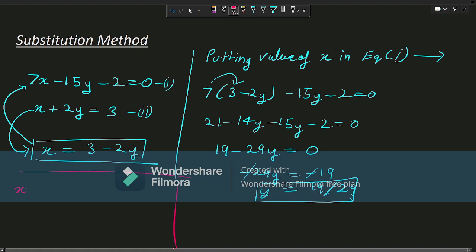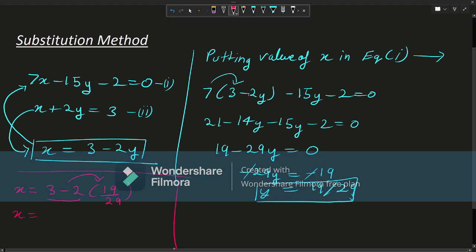So x is equal to 3 minus 2 into 19 upon 29. Sorry, actually you need to multiply 3 minus 2 completely with this term.